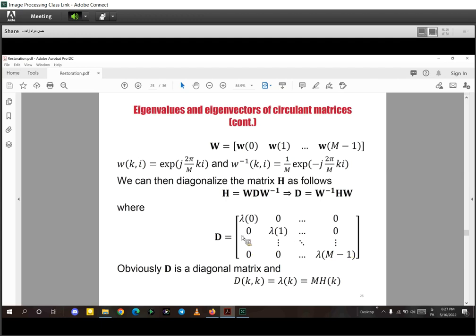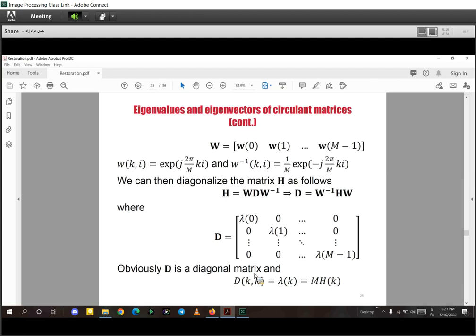D has all items 0 except the main descending diagonal, which is lambda 0, lambda 1, to lambda M minus 1.